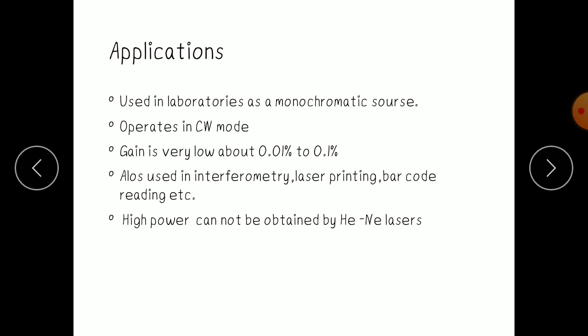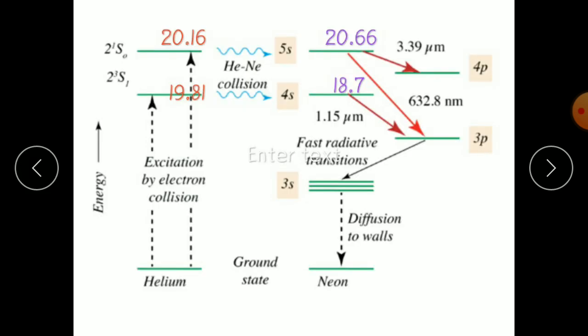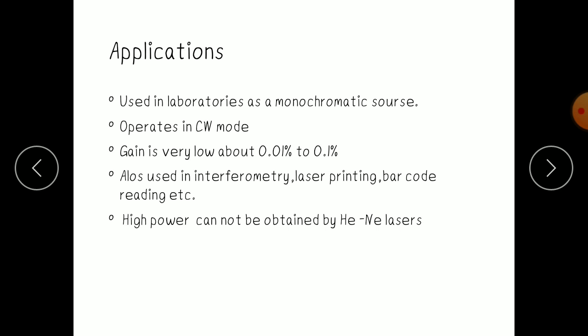This is the energy level diagram of the helium neon laser. There are some applications of the helium neon laser. It is generally used in laboratories as a monochromatic source.